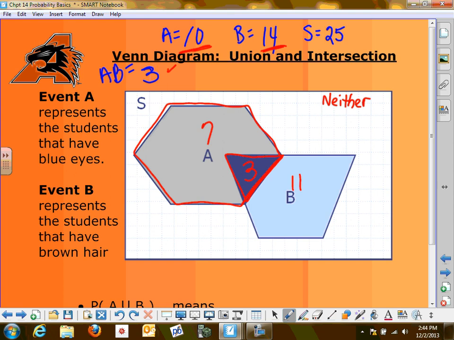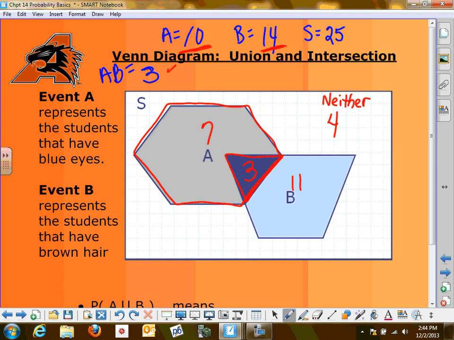So this together, all of this union of blue eyes and brown hair together is how much? 14, 21. Hey, that's good. You guys did a good job. So neither, I had 4 people raise up. So this 21 is the union of blue eyes and brown hair, with 4 having neither.